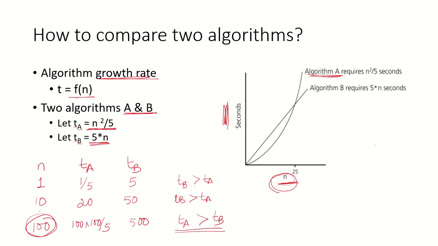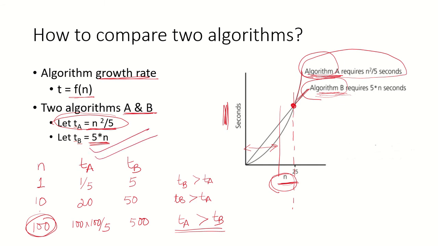Initially when n was less, Tb was requiring more time, but we see that as n grows, algorithm A requires much more time compared to algorithm B. In fact, after n has reached 25, this is the point where both the algorithms are requiring similar time, but after that the growth rate of algorithm A is much higher as compared to algorithm B. So we say that algorithm A is not very efficient, and we will prefer algorithm B over algorithm A. So this is how growth rate helps us to identify which algorithm will work better.